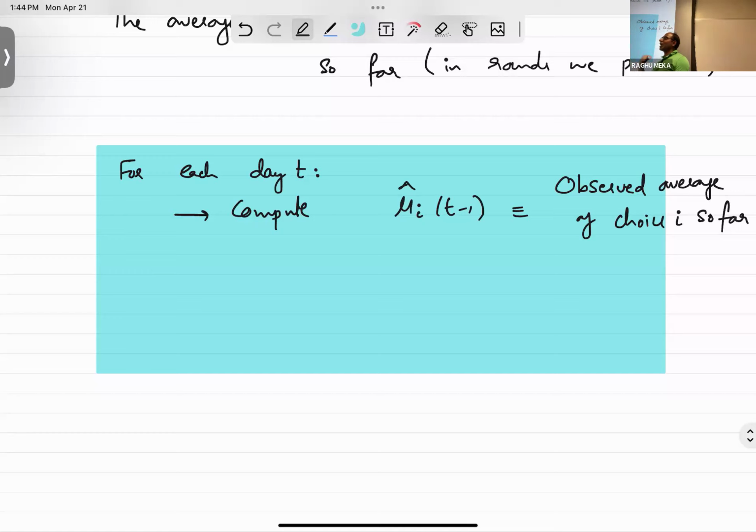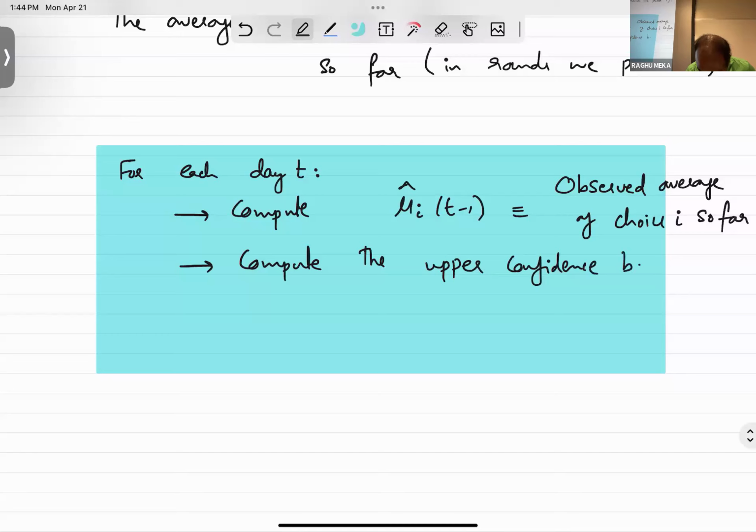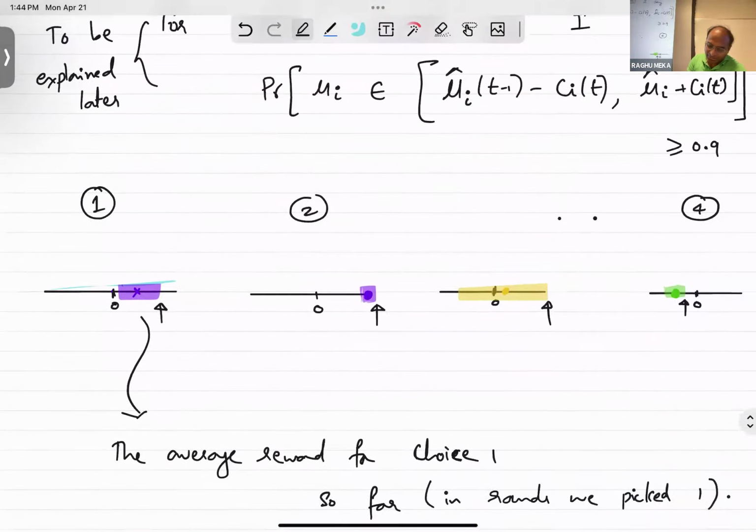And then you compute the upper confidence bound. And we will define it formally in the next lecture as well. Okay, for where we think the true mean could be.